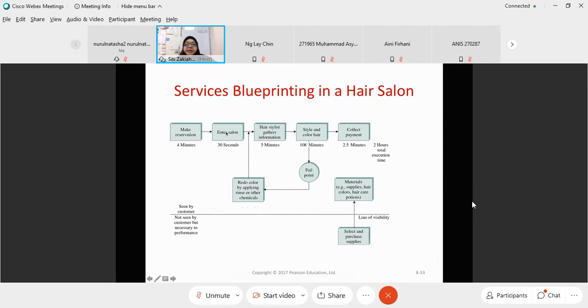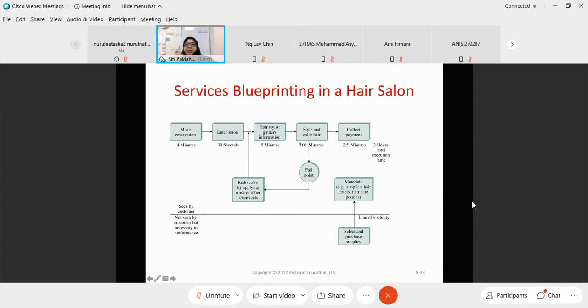So the customer enters the salon, 30 seconds, right? Then they get seated, then the hairstylist gathers information. So they will ask you, what service do you want? Do you want to wash your hair, cut your hair, color your hair, straighten your hair? All that, you get the information. So let's say this customer wants to style and color her hair, right? So it takes 108 minutes.